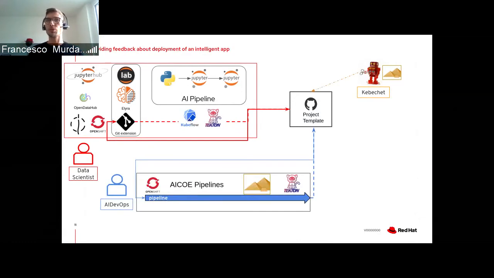You can do your CI checks, you can do the builds, and in this way the project can be tracked, and everything is always coming from the source of truth, which is your GitHub repo, where everything is stored. You have the Kebechet bot, for example, that maintains your dependencies up to date, so you don't have to do anything there. The CI is all automated. What you have to do is just release. And then you have the last part, which is moving to the stage and prod environment.